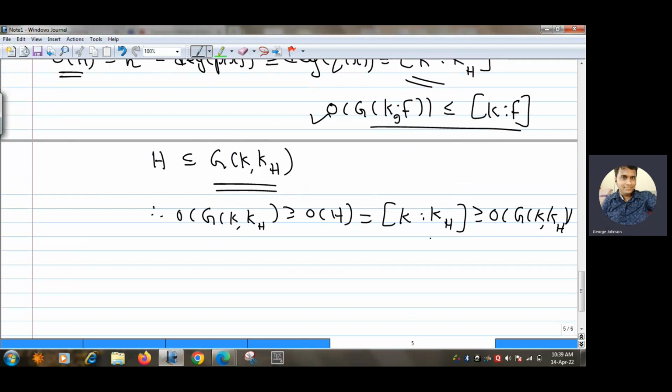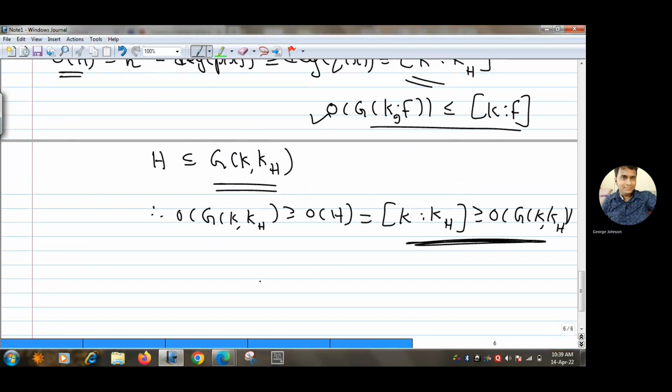So using the unit 3 last theorem, we have this. So we can see that it has become sandwiched between the order of G(K, KH) and the order of G(K, KH). So what we have proved is that the order of H is the same as the order of G(K, KH).